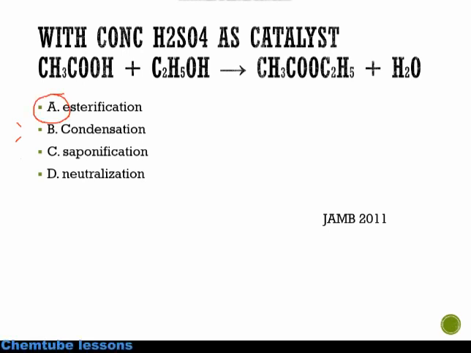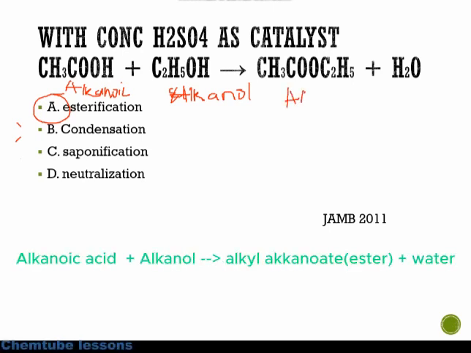Remember, an esterification reaction is a reaction between an alkanoic acid and an alkanol. When an alkanol reacts with an alkanoic acid, it will give us an alkyl alkanoate, which is called an ester.